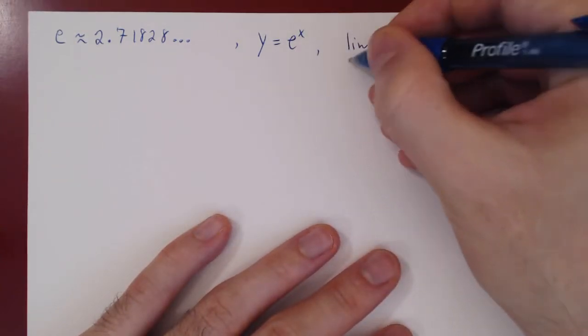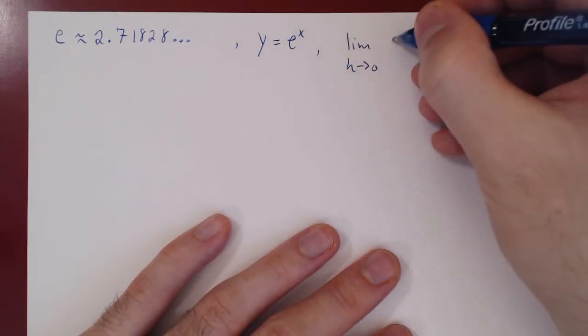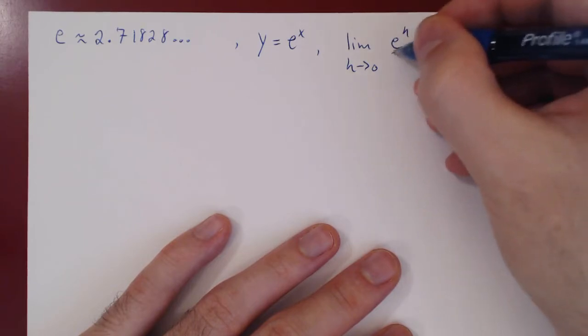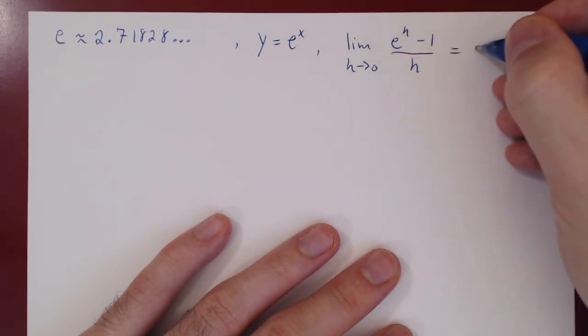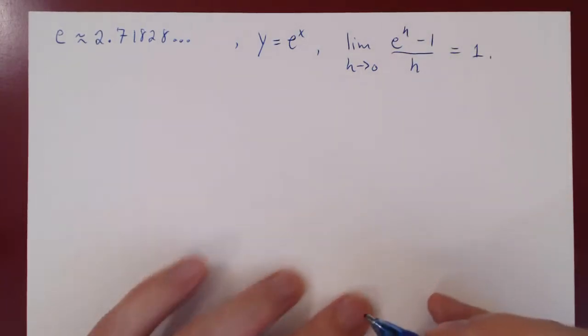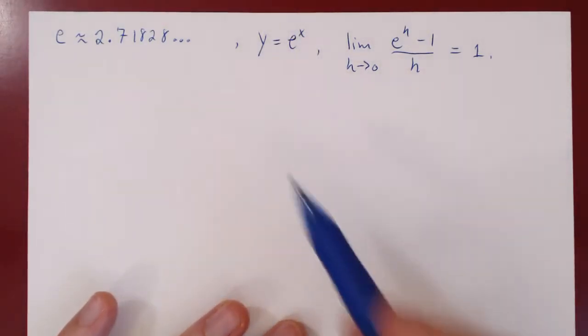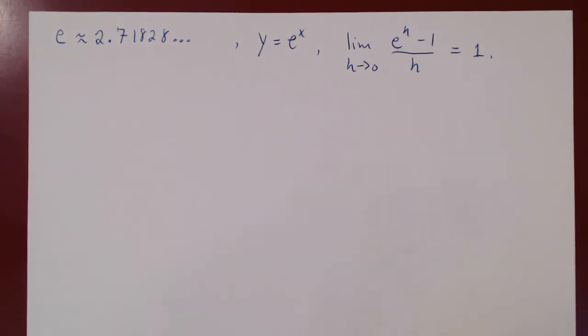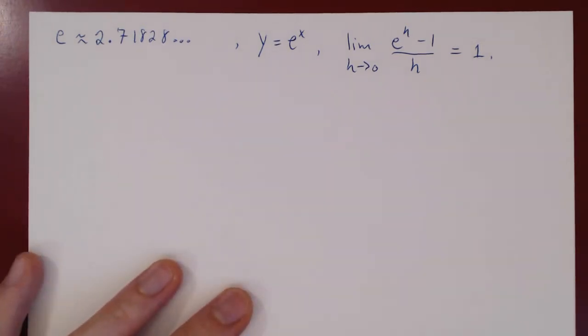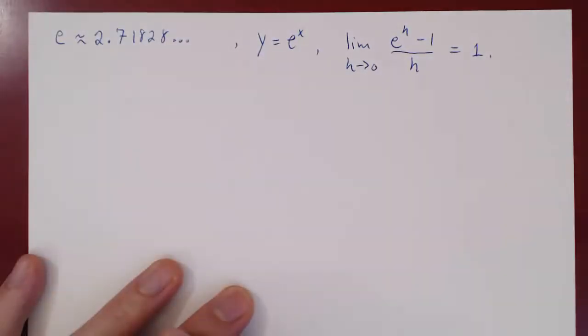Hence the limit, as h approaches 0 of e to the h minus 1 over h is exactly equal to 1. And with this limit, we can now find the derivative of this function for any value of x. And let's see what comes out. And what will come out, hopefully, will surprise you.